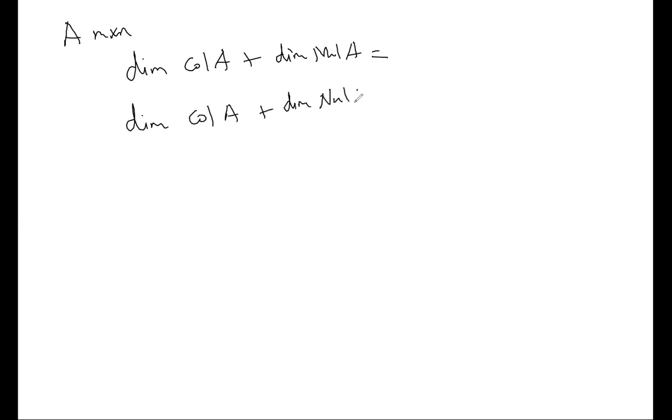If A is an n by n matrix, then the dimension of the column space of A plus the dimension of the null space of A equals something. And we can do this specifically for P.